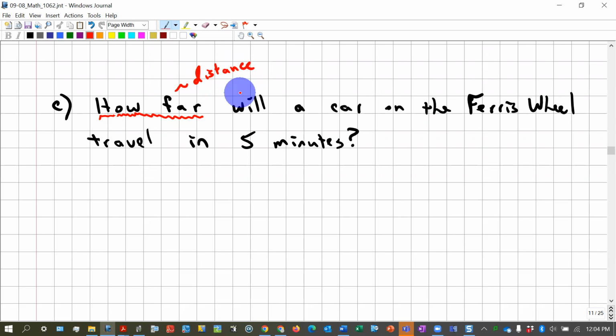And what kind of units might distance be measured in? Miles. What else? Feet. What else? Inches. Kilometers. Micrometers, meters, right? Distance, okay?